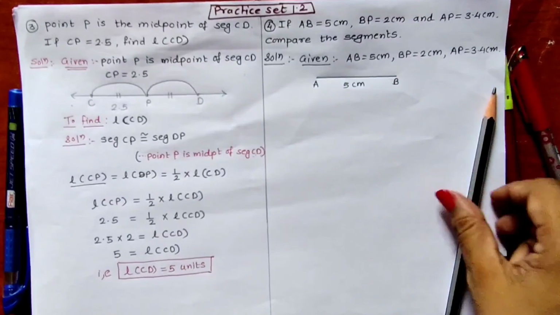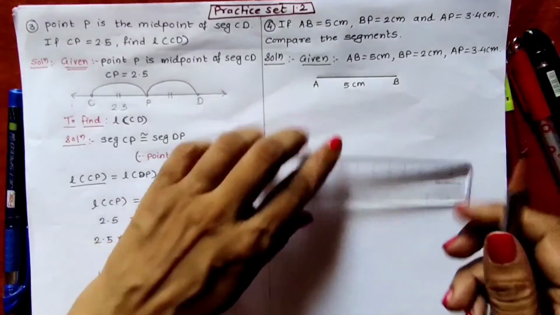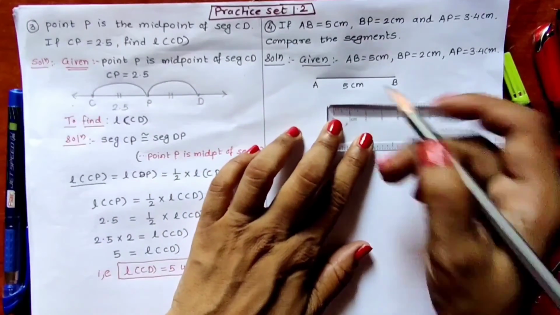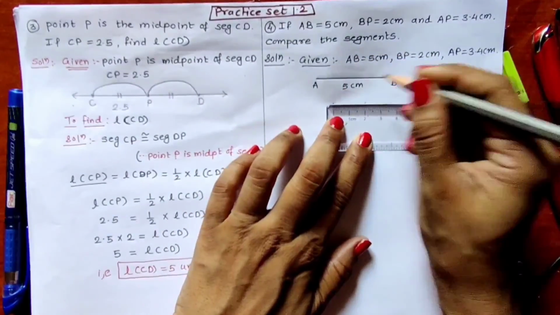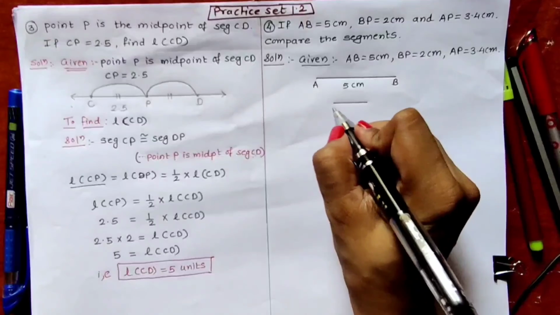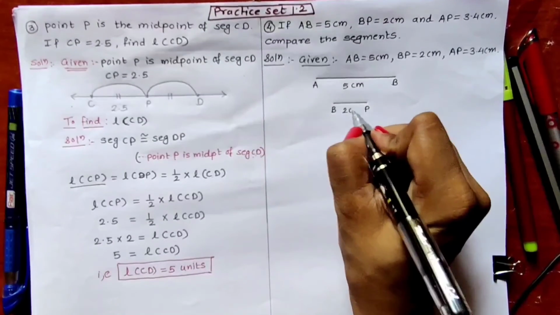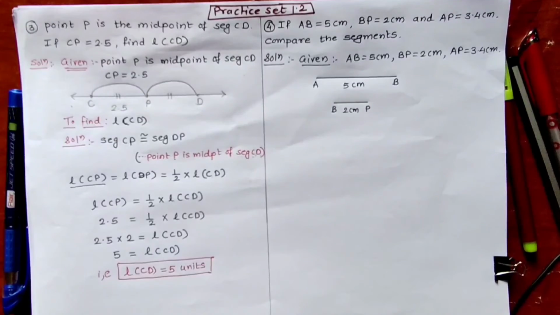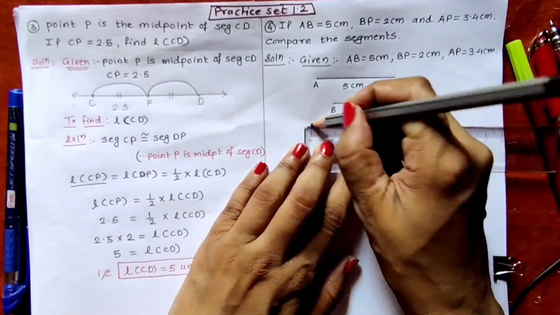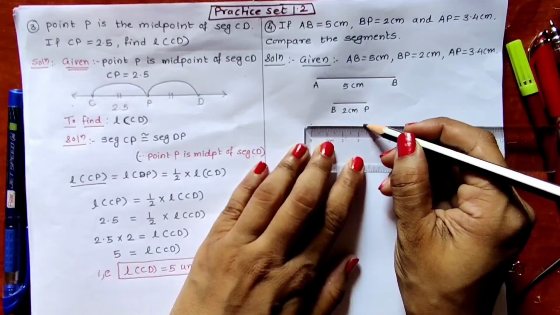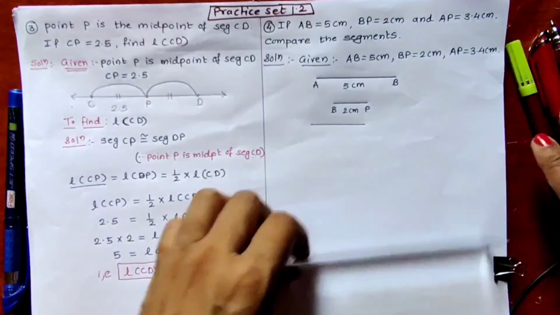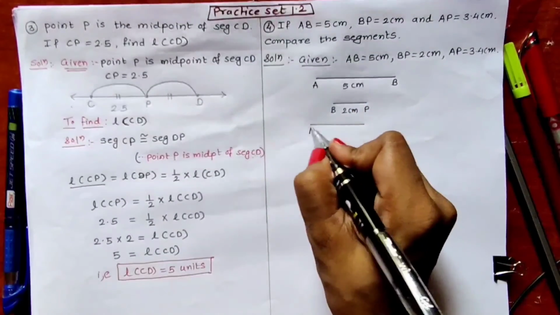Now let us draw the second segment BP, 2 centimeter, from 0 till 2. So it is BP, which is 2 centimeter, and then the third segment is AP. From A to P it is 3.4, from 0 till 3.4, after 3, fourth small line, so it will be 3.4. So it is AP.